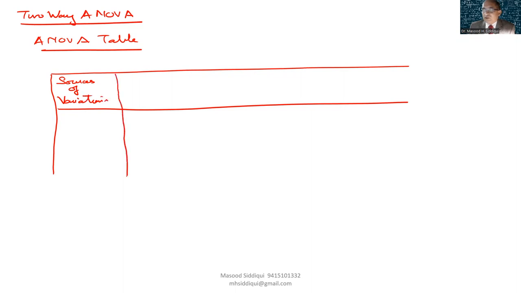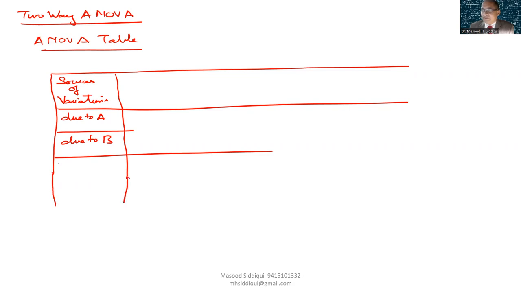The sources of variation are due to factor A, due to factor B, due to interaction effect AB, and due to error.